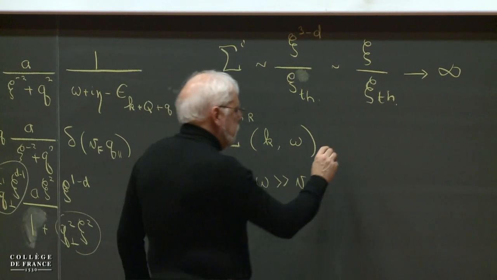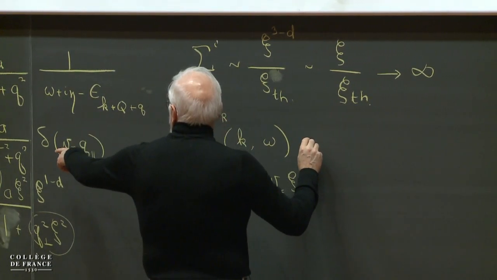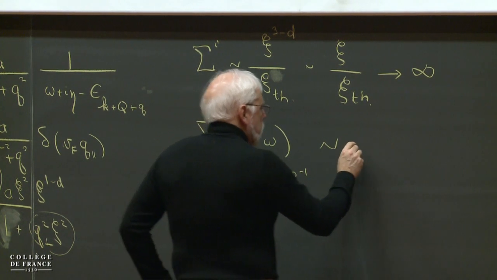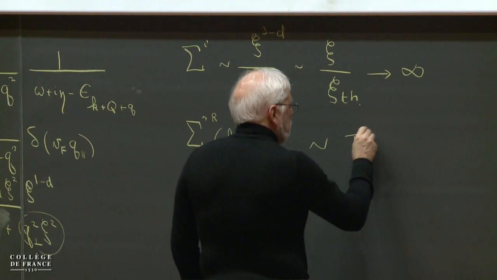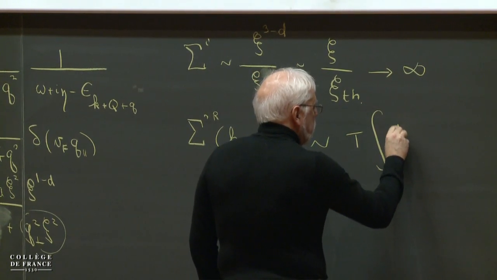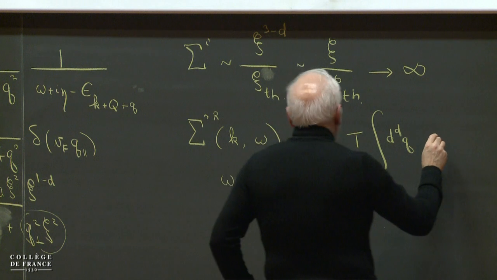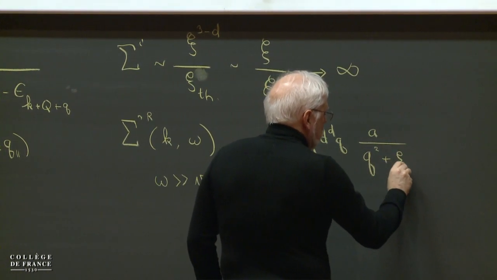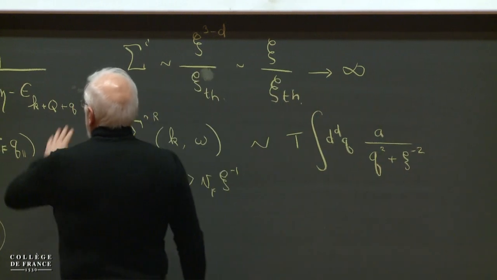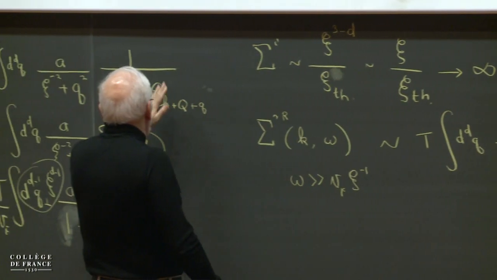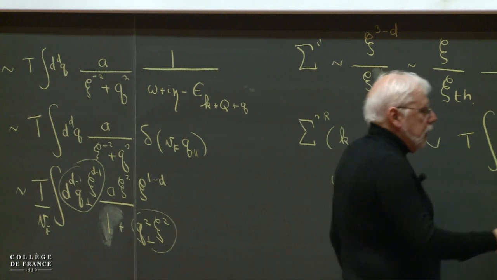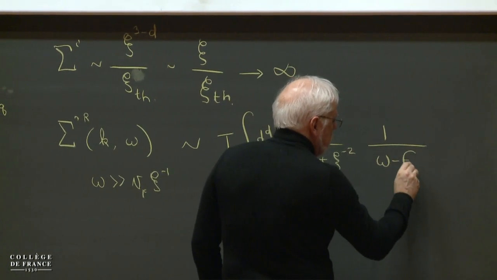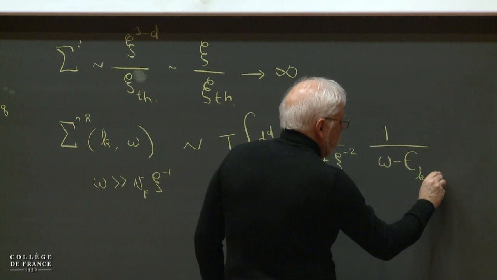Then this becomes T times the integral dq of 1 over Q squared plus Xc to the minus 2. And then I'm left with this, and this I just write as 1 over omega minus epsilon of k plus big Q.